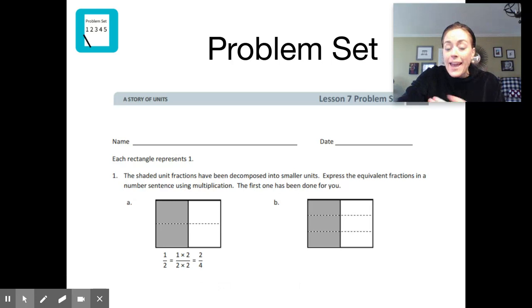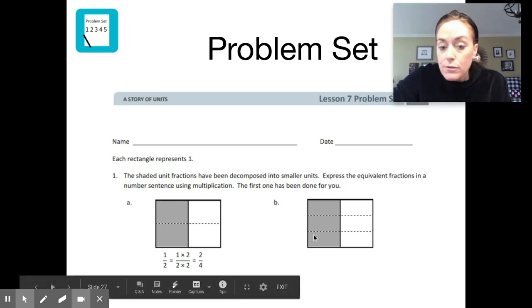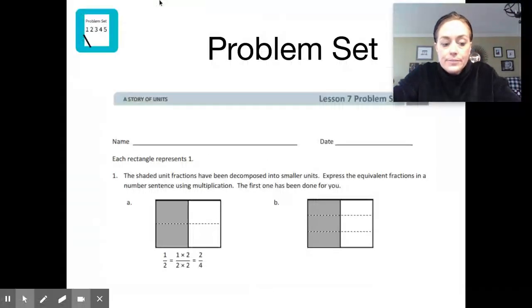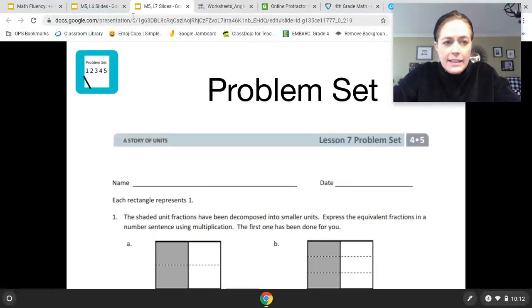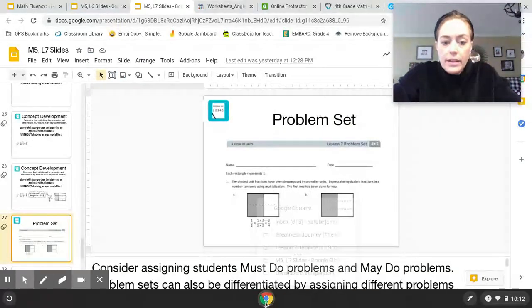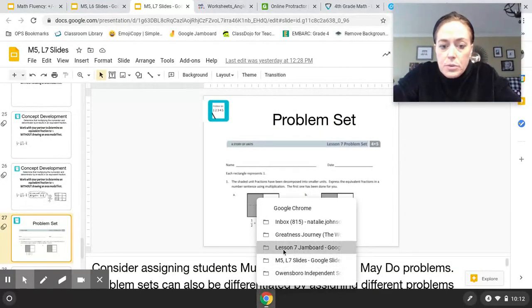For B, they've already decomposed it for you. Now you just have to write the multiplication sentence. Let's go ahead and look at C. I'm guessing the next ones they want you to do probably have not been decomposed, but let's pull up the work and take a look, okay?